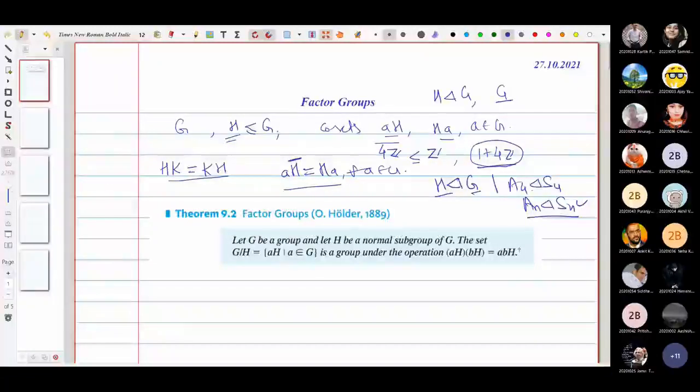This is a theorem, but before that, we can give the definition.